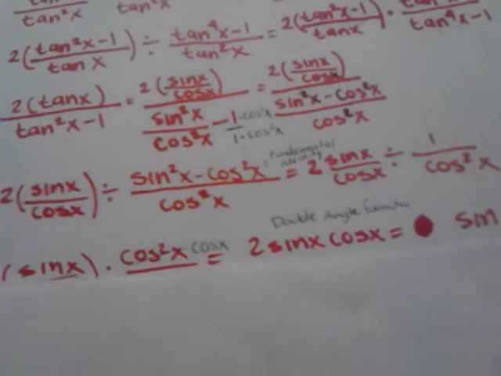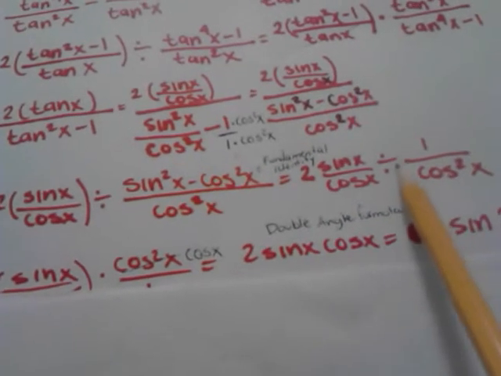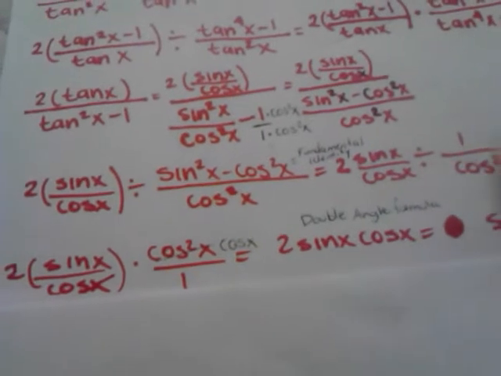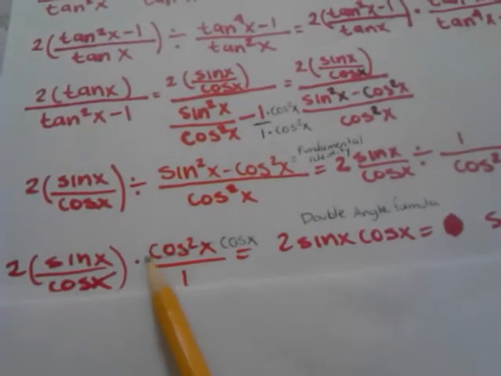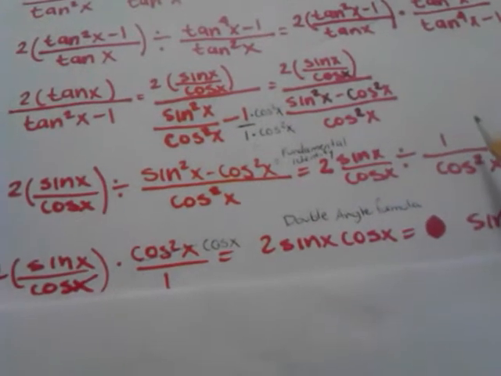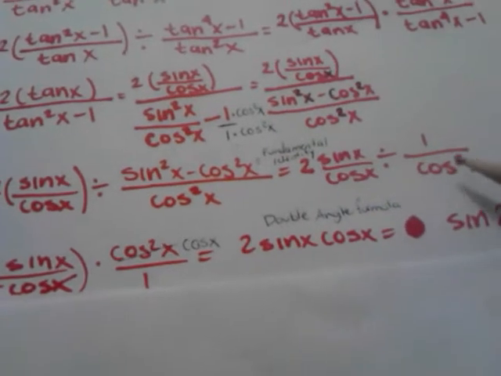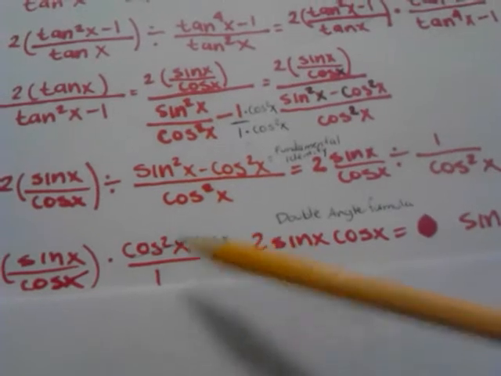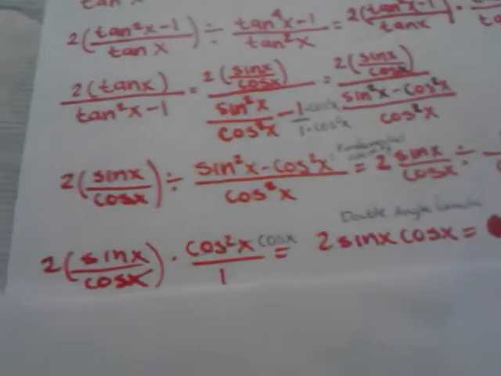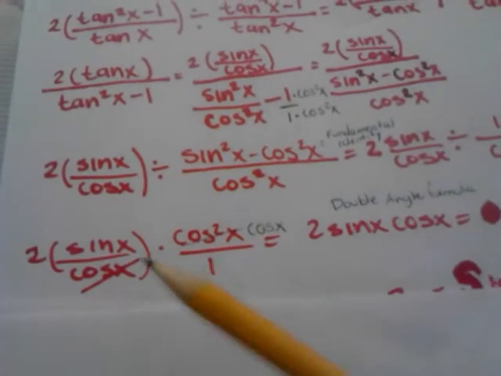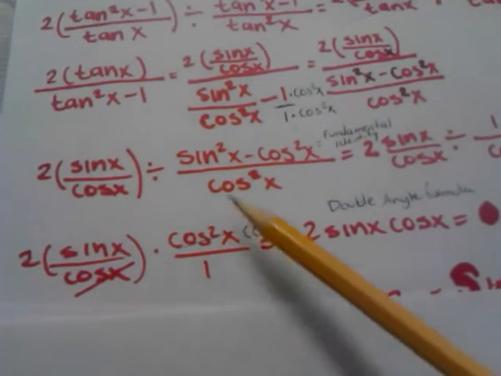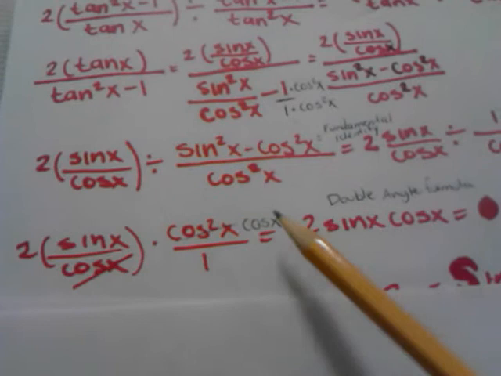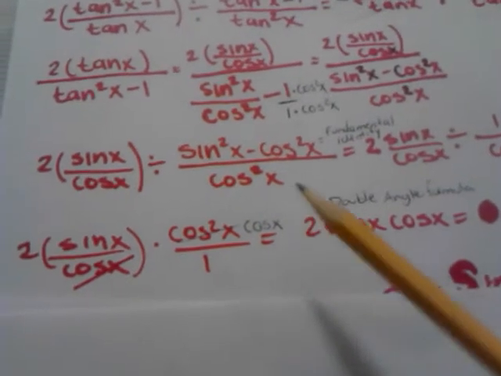So we have division here, so the opposite of division is multiplication, so we do the multiplication. So when we multiply this, they switch, so the cosine square of x is in the top now for the multiplication. And now we see that we have cosine of x in the bottom and cosine square of x in the top, so we can cancel 1 and we get cosine of x.